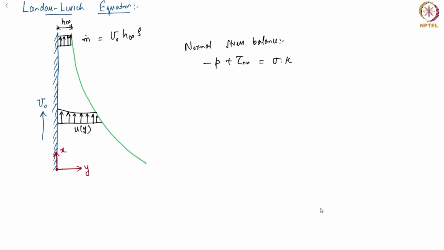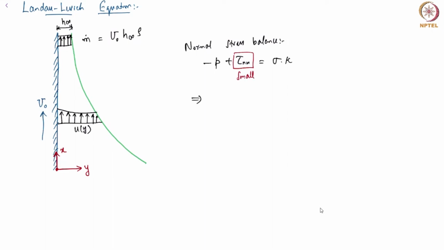But we also have, if most of the flow is parallel to the plate, then the dominant velocity component is u as a function of y. So therefore, this term, tau nn, would be very, very small.